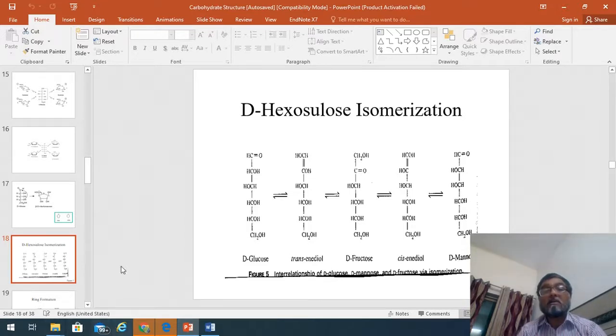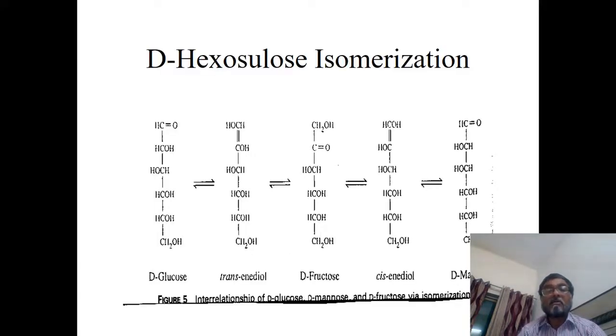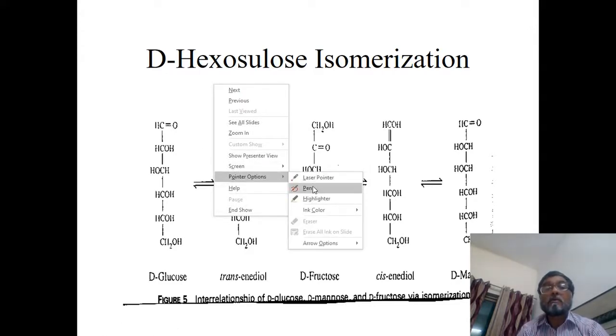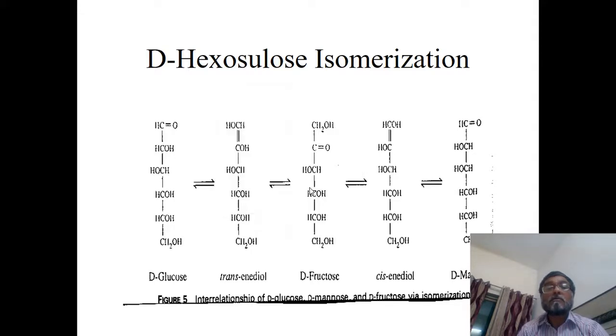So what is the basic reaction for that? Look at this one. This is called the enediol type of reaction.